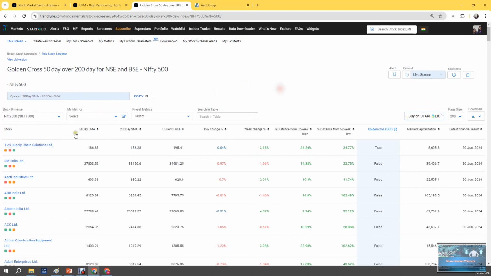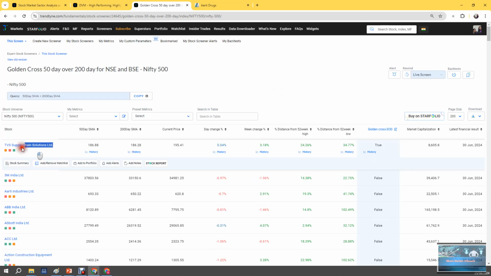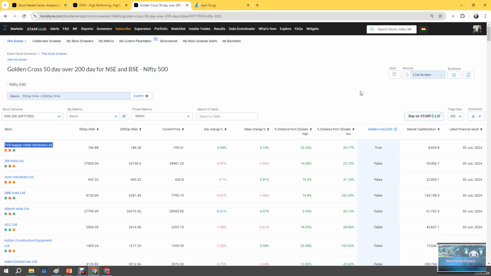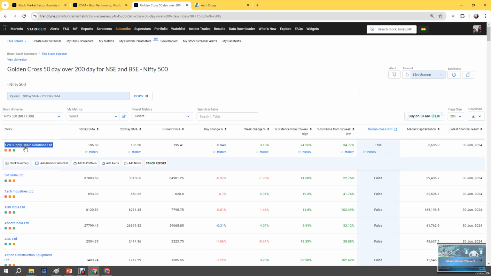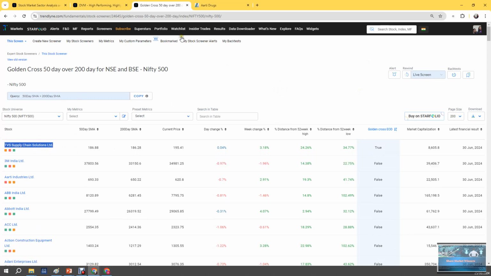So what we need to do then, this is a true condition based on which we can further analyze the TVS Supply Chain, fundamentally we can check, and the technical, if you click on that, it will take you to the screen which I have shown before. And another thing is you can also take it into the TradingView website and further analyze that.